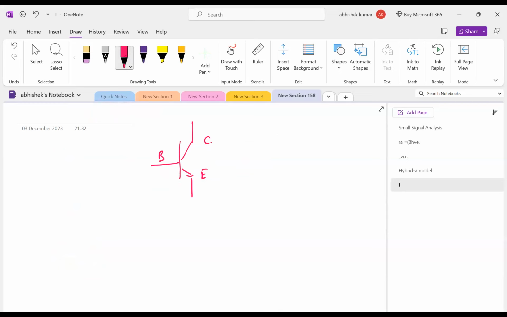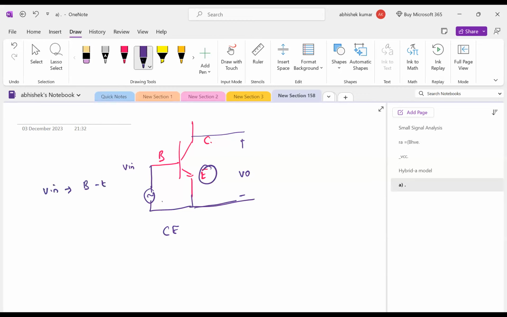If my input is connected between base and emitter, and output we are taking between collector and emitter, then it is known as common emitter, because emitter is common in both. Input is between which node? Base and emitter, right? Right. And output we are taking between collector and emitter, right or wrong? Yeah.